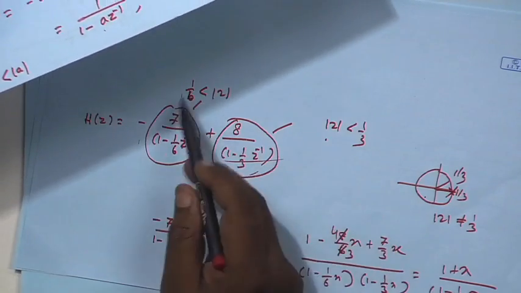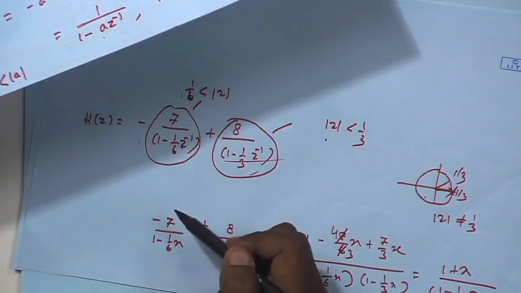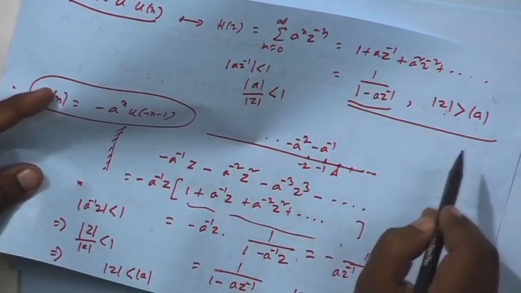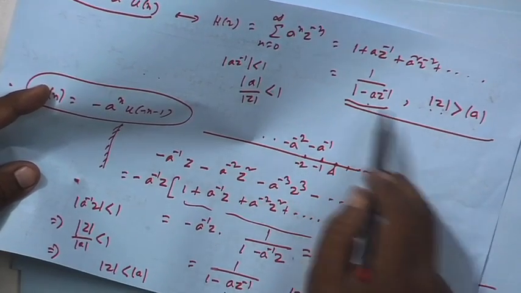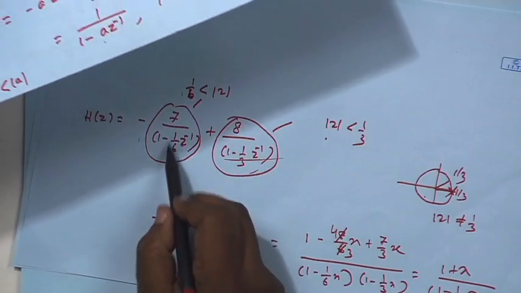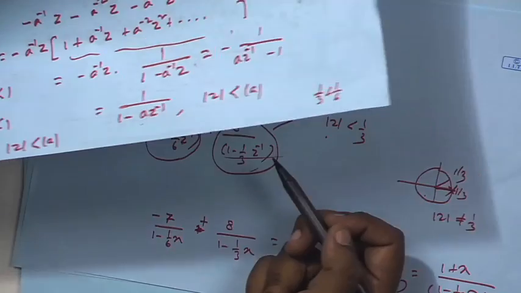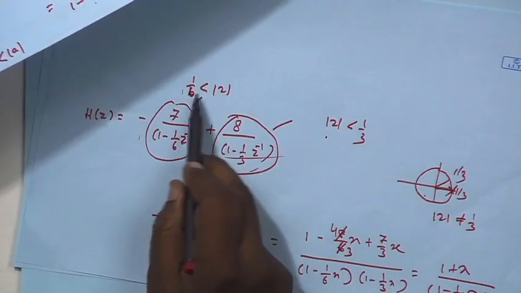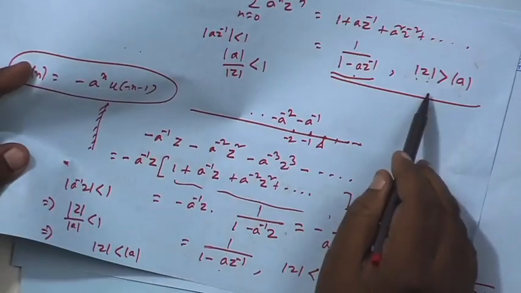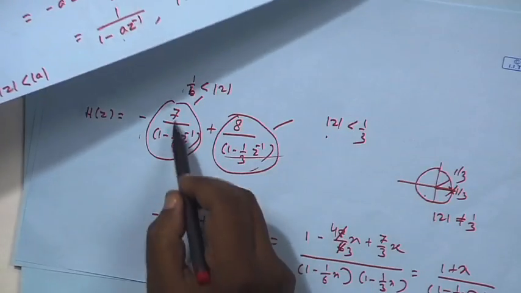Mod a is same as a, because it is a real positive number 1 by 6. So, it is conforming to this form, mod z greater than mod a, in this case a is 1 by 6. So, mod of that is 1 by 6 itself, and mod z greater than 1 by 6 is the ROC. So, the ROC is outside the circle, it is of this form.